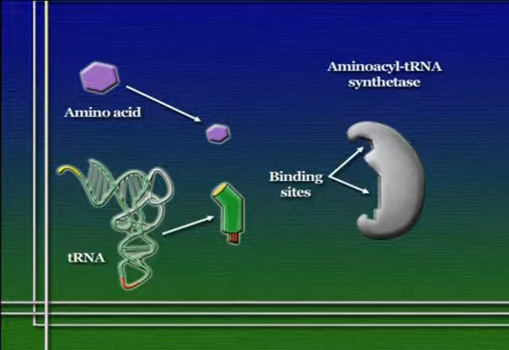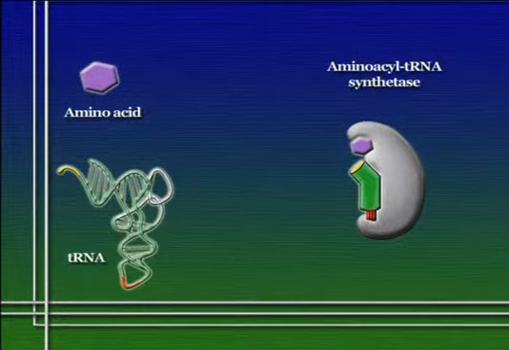These binding sites are actually in close proximity on the enzyme, and what they're doing is bringing the amino acid and the tRNA together in the right orientation to facilitate the building of a bond between them. That's why we referred to this molecule as a sort of molecular matchmaker.